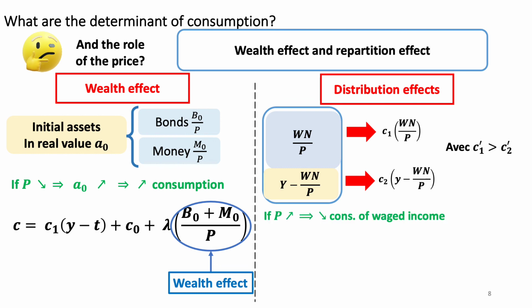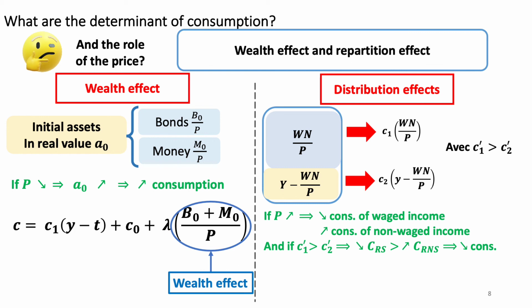In this case, an increase in prices will have different impacts on consumption. On one hand, an increase in prices will decrease the consumption of salaried income. On the other hand, it will increase the consumption of non-salaried income.